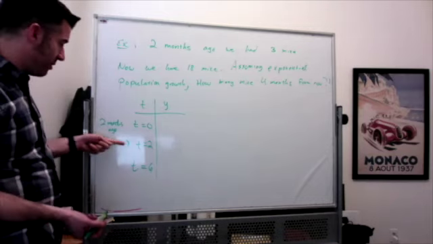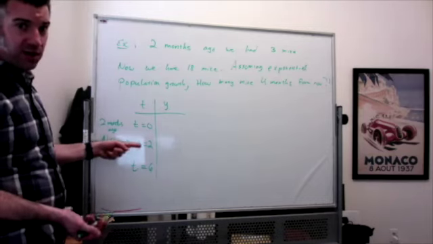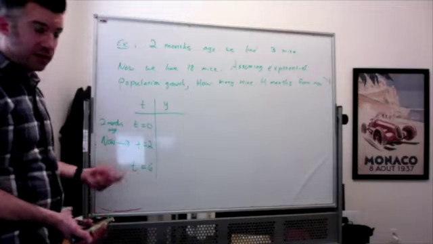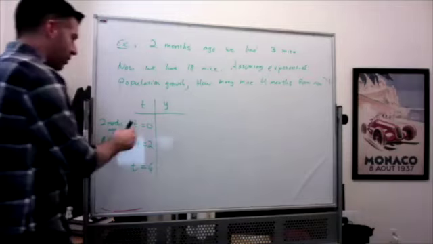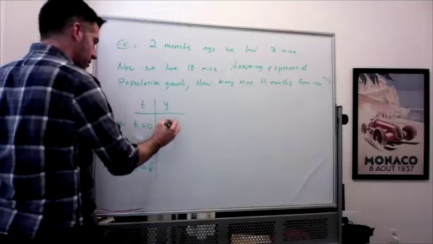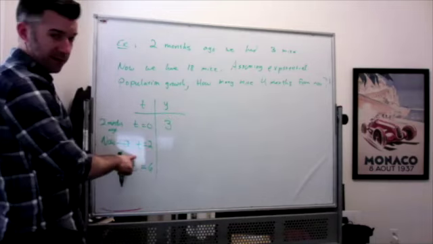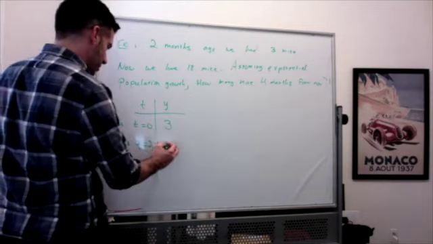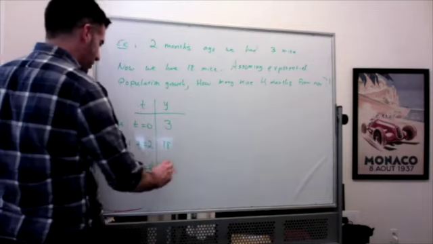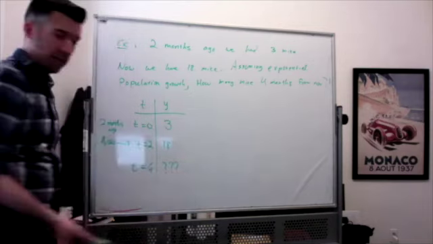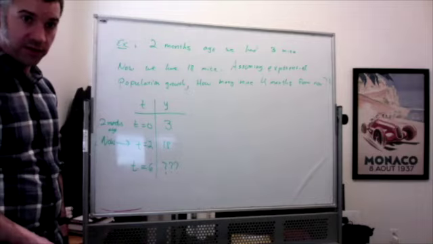Right, so 4 months from now, if now is time equal to 2, 4 months from now is going to be time equal to 6 months. And then we know some stuff. We know that 2 months ago, the amount of mice was 3. And then now, when time equals 2, the amount of mice is 18. And we want to know how many mice there are 4 months later.